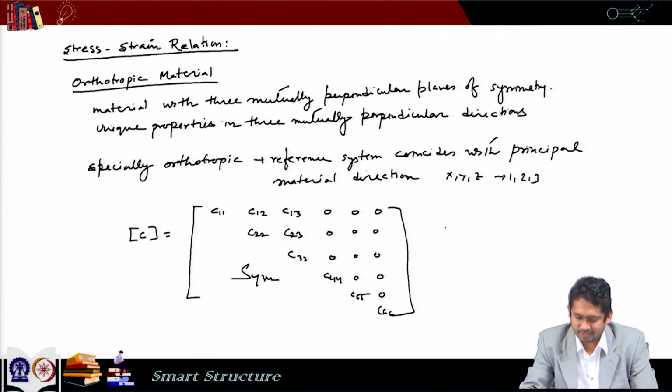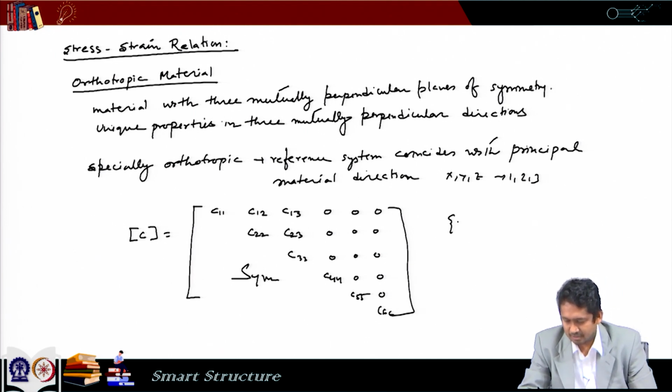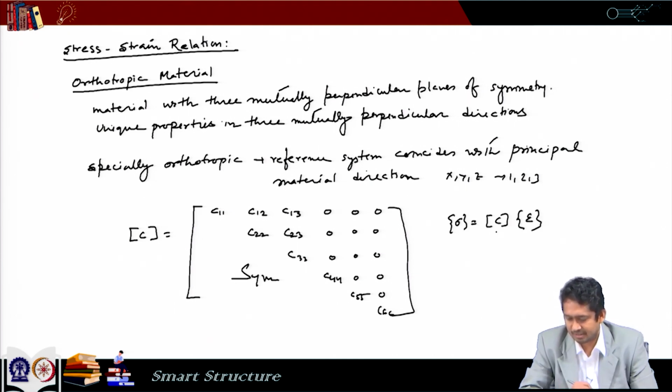So, we can populate this side. So, stress is equal to C matrix multiplied by strain, and C matrix is this. This is for an orthotropic material.